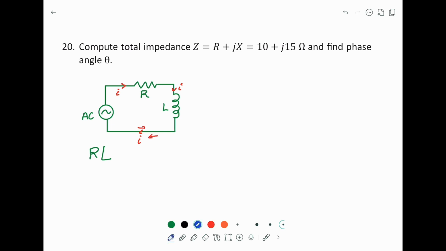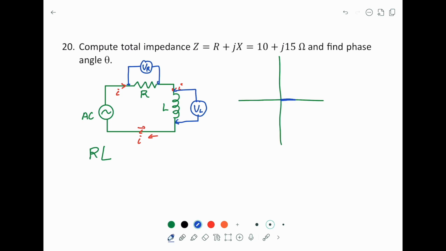If I measure the voltage across R and also measure the voltage across the inductor L, that's what we will find. Let's express this quantity on the complex plane or on the phasor.